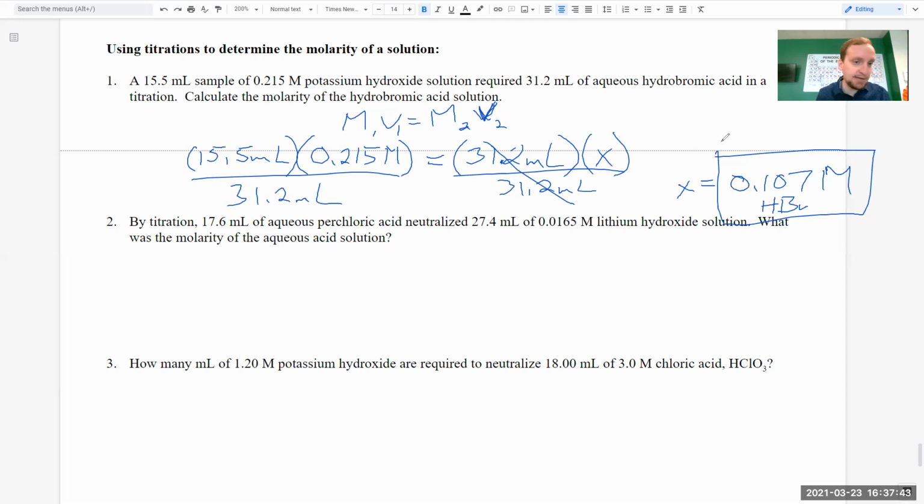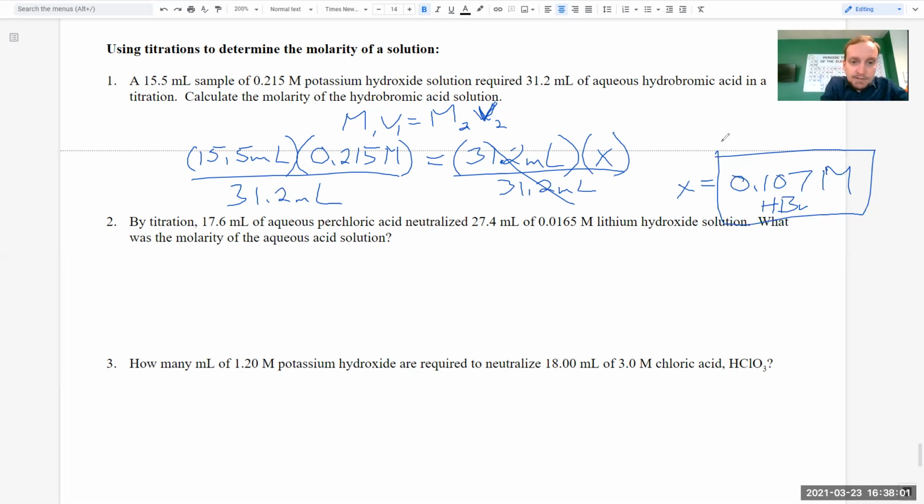So number two, it says by titration, 17.6 milliliters of an aqueous perchloric acid neutralized 27.4 milliliters of 0.0165 molar lithium hydroxide solution. What is the molarity of the aqueous acid solution?